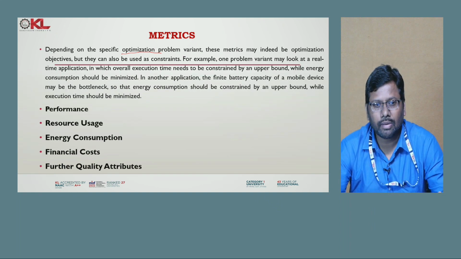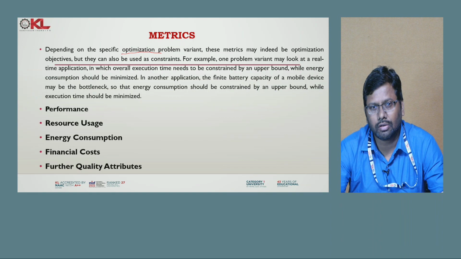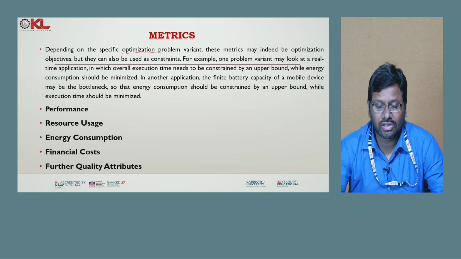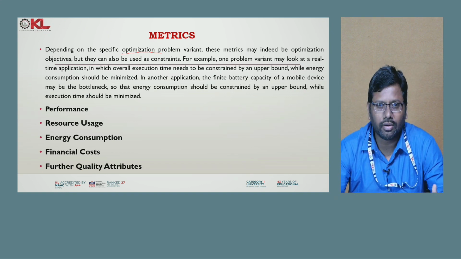At the same time, financial cost, the investment that we carry out in order to buy the edge devices or edge resources. And what are the other attributes that could be considered with respect to these metrics? That is nothing but the further quality attributes, the parameters that we could consider in order to enhance the quality.